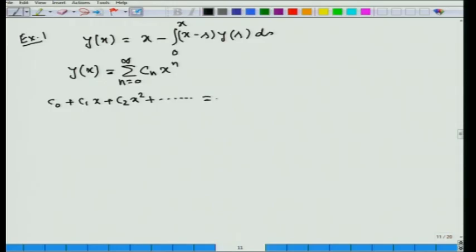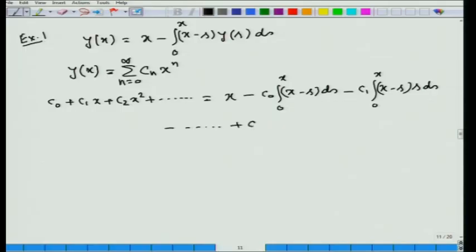These are the terms, and here we do not need to think further, because f(x) is simply x, and then minus C0 integral 0 to x of (x minus s) ds, minus C1 integral 0 to x of (x minus s) s ds, minus so on, the general term is Cn integral 0 to x of (x minus s) multiplied by s to the power n ds, minus so on.